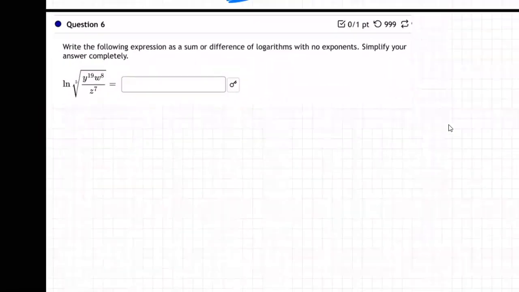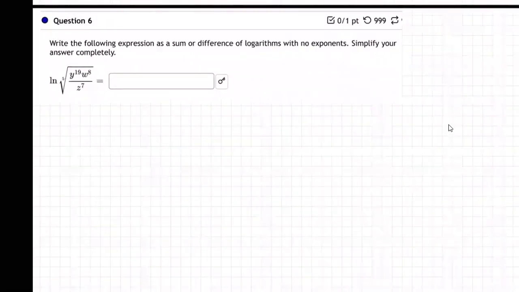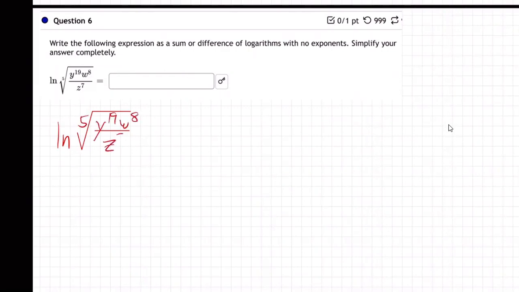All right, with that in mind, let's do it. Now notice this. Here, let me write it a little bigger down here for us. This is ln of the fifth root of y to the 19th, w to the 8th, over z to the 7th.